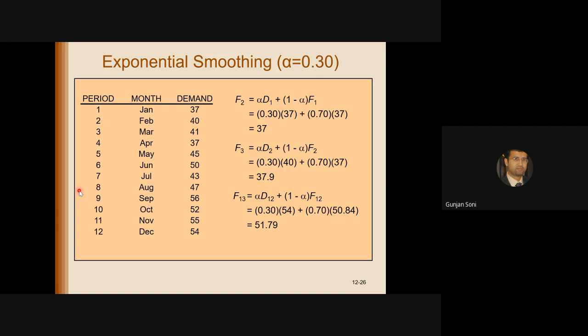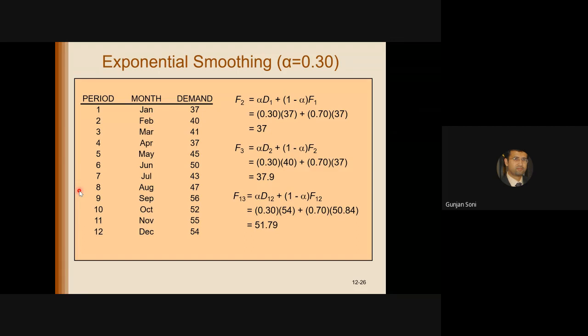Do the calculation. Nobody is able to do that. 37.63. Rajkumar Parikh for April is saying 37.63.